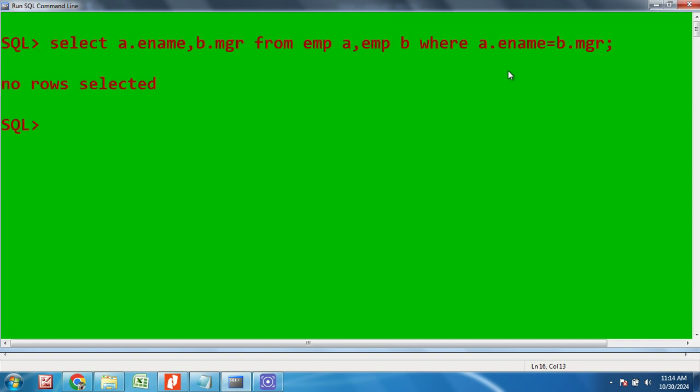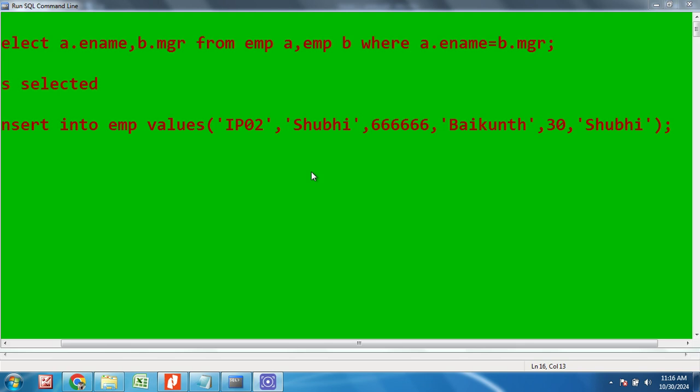So there is no matching value where a dot ename is the same as b dot mgr. Now try to insert some value in the EMP table where the ename and mgr columns have the same value.